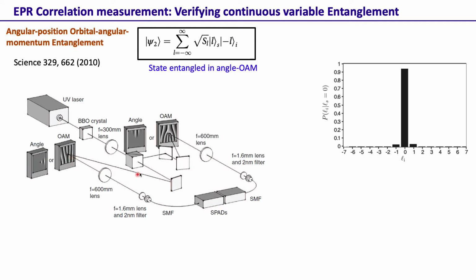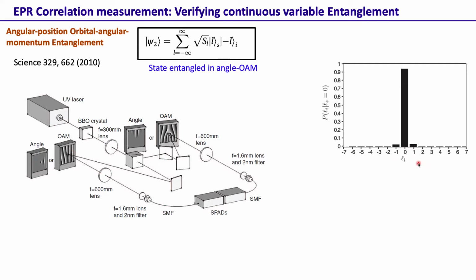So when we are looking at orbital angular momentum correlation, one puts a diffraction hologram through which one detects, let's say, the signal photon at orbital angular momentum L equal to 0. Now this one is kept at L equal to 0, and then we change the orbital angular momentum of the idler photon, and then look at the range of L values at which idler has a probability of being detected.